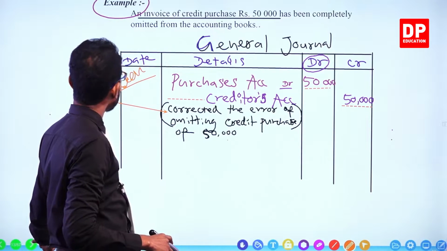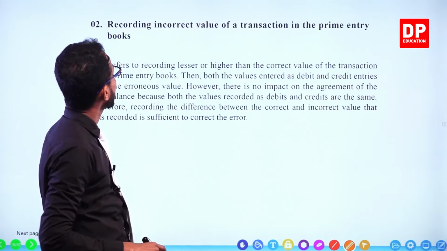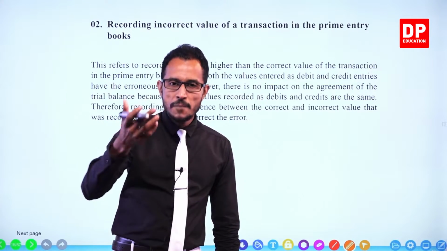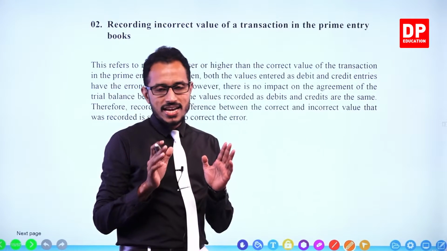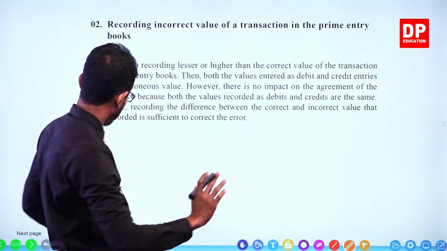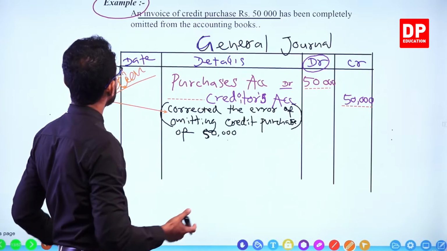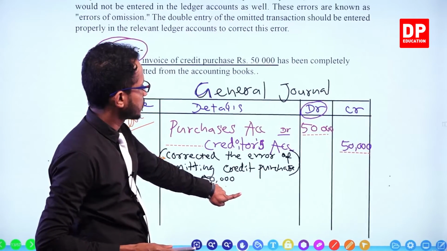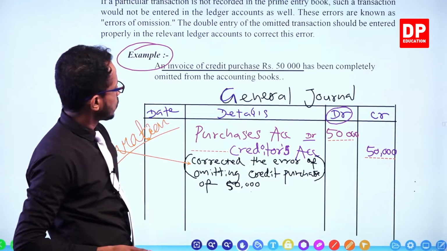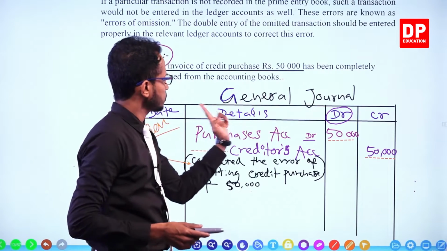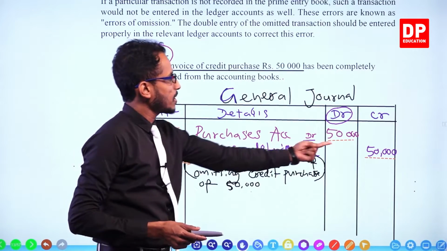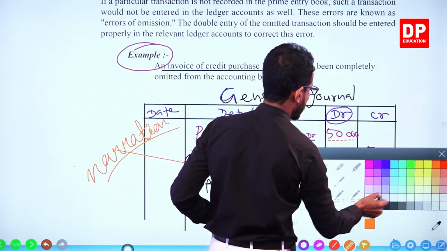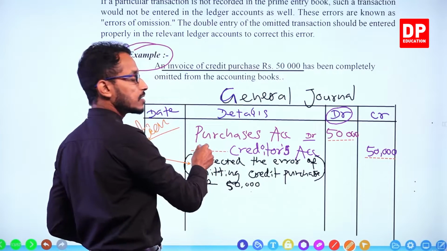Yeah, that is how you correct an error of omission. When a transaction is omitted and it is given to you like this, you just have to draw the general journal and record the correct double entry to record that omitted transaction.